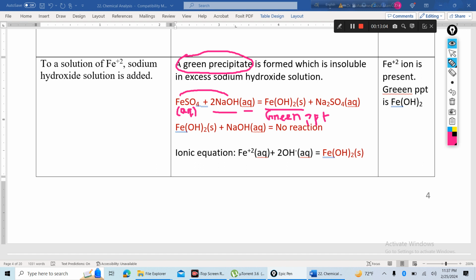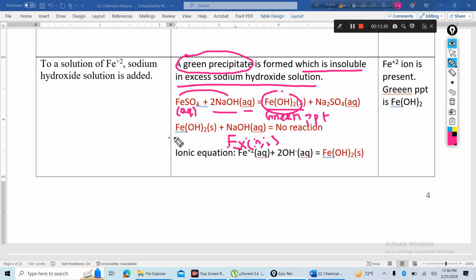If you add excess sodium hydroxide, this green precipitate does not dissolve. Excess sodium hydroxide, no reaction.